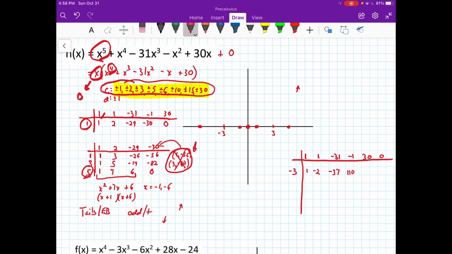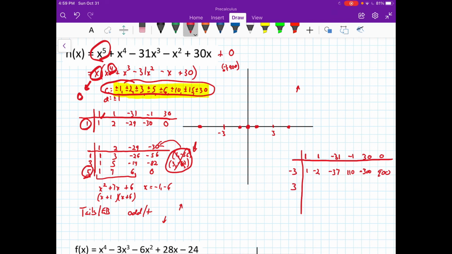So -330 plus 30 is -300. Oh, and then 900. All right. So at -3, we're at 900. So we're just going to put that up here. -3, 900. So our vertical placement, we're not going to be real accurate here with our y-axis.